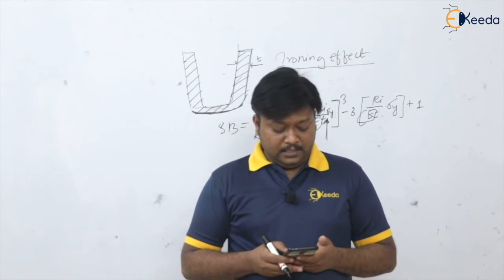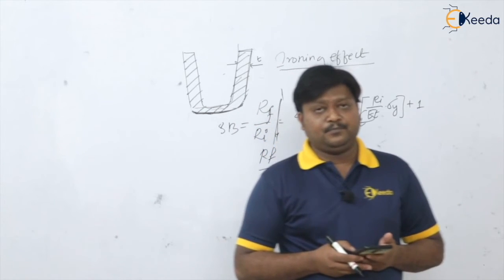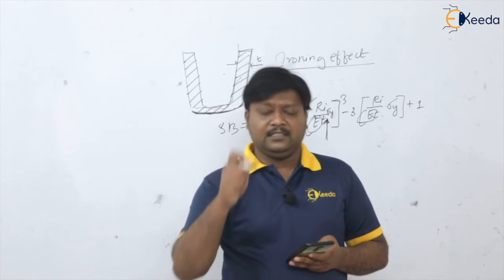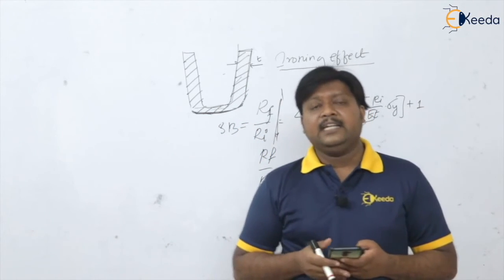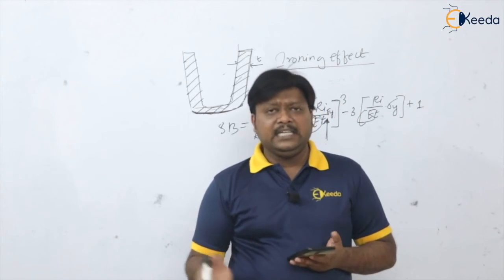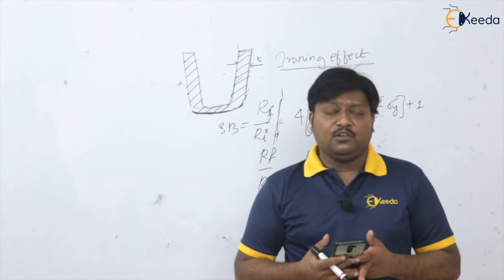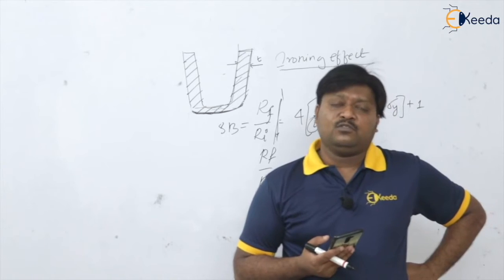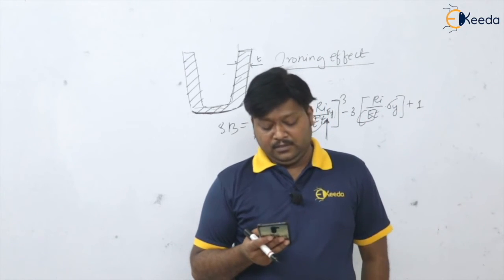Next question. The function of the draw bead in the deep drawing operation is, we know for what reason we are making these draw beads, that is semicircular holes we are grooving on the flange portion of the die. So to eliminate the wrinkling defect, yes or no? We have seen the remedies for removing the wrinkling defect. One is we can use the blank holding force, or second we can have the draw beads.